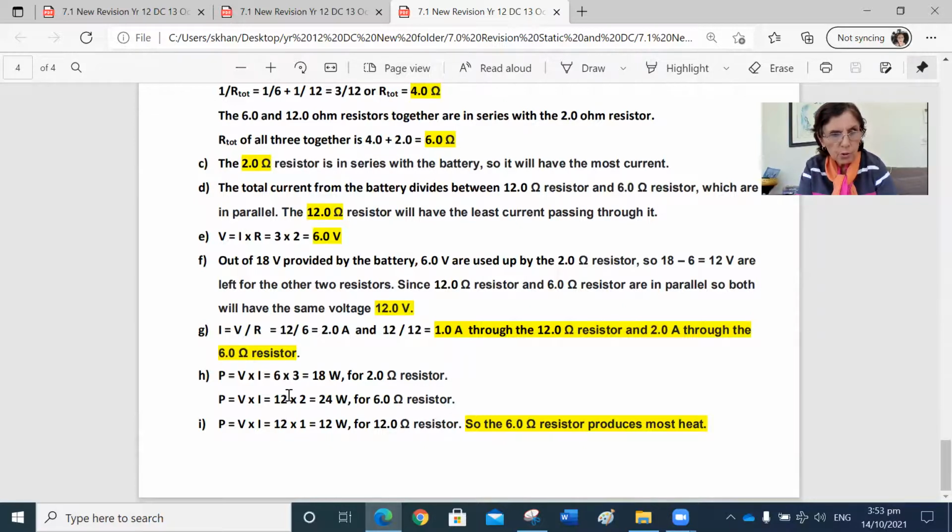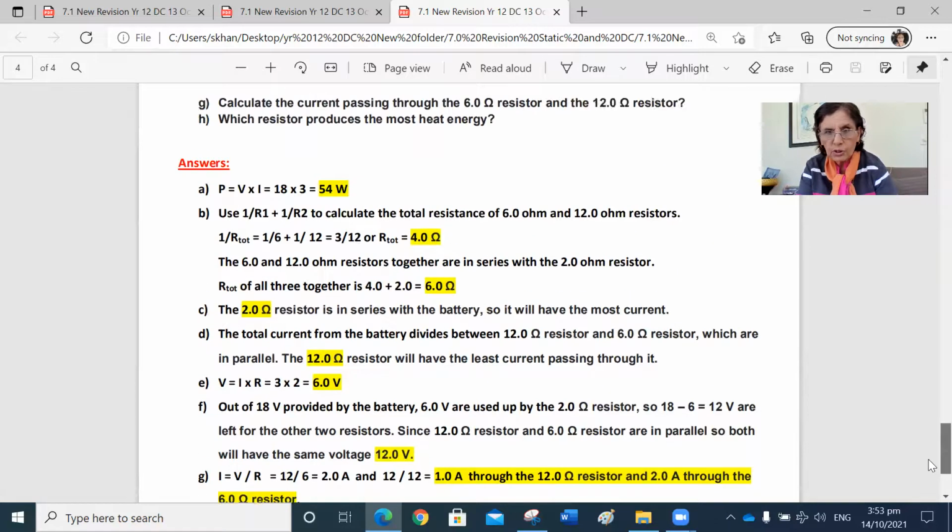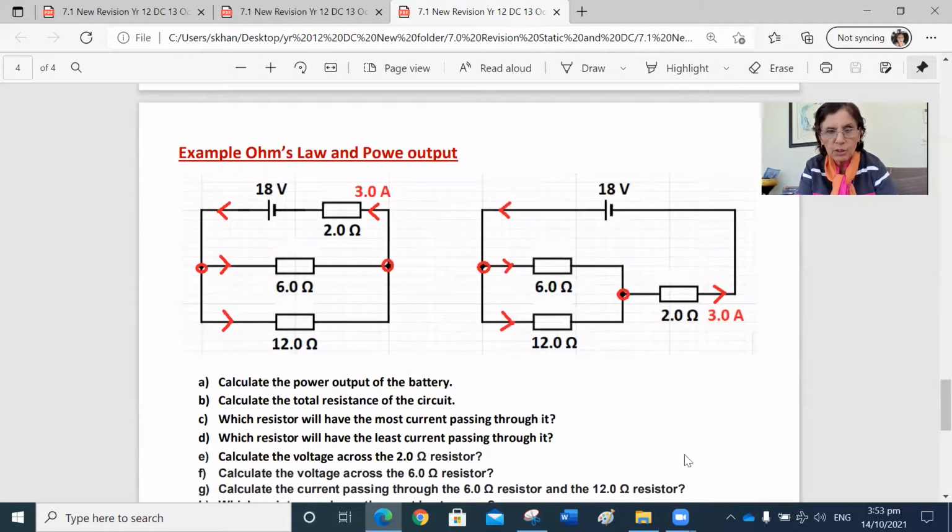Their voltage is 12 for both of these because they were in parallel. Current was 2, so that gives you 24 watts. And this one is 12 times 1, which gives you 12 watts. So obviously, this 6 ohm resistor is using the most energy or producing the most heat energy.